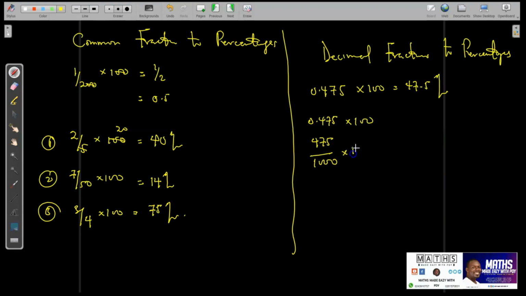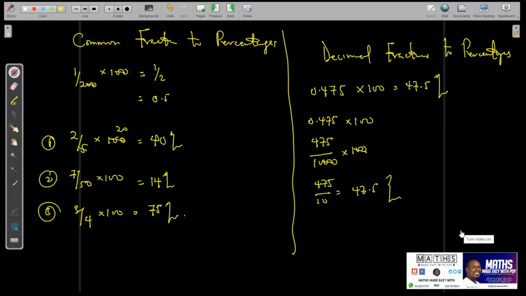Then that will be multiplied by 100. 2 zeros will do away with 2 zeros here. So we are going to be left with 475 on 10, and 475 on 10 is the same as 47.5%. That is how manually you can answer the question.